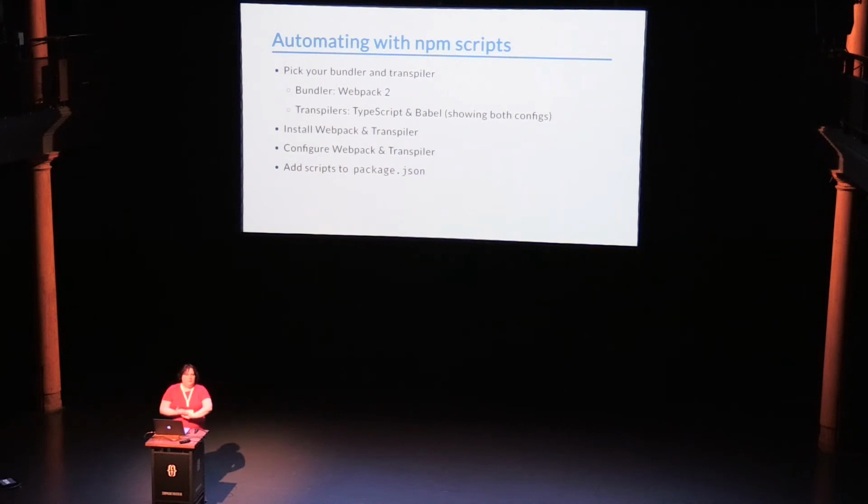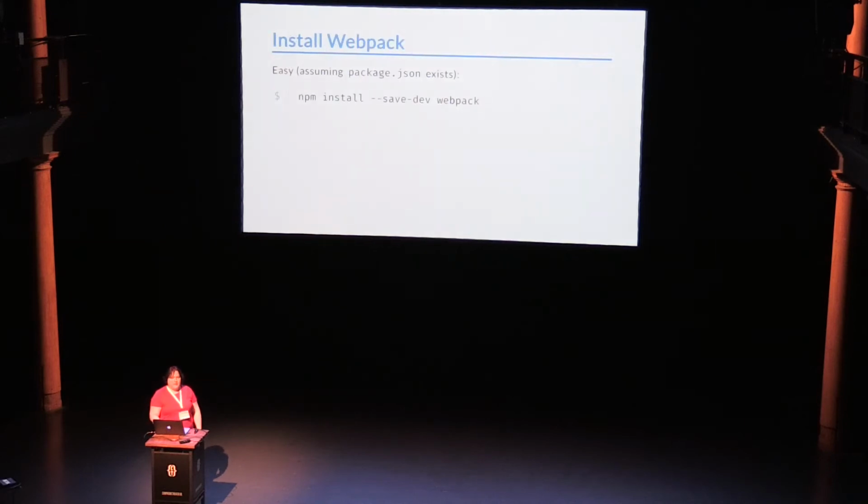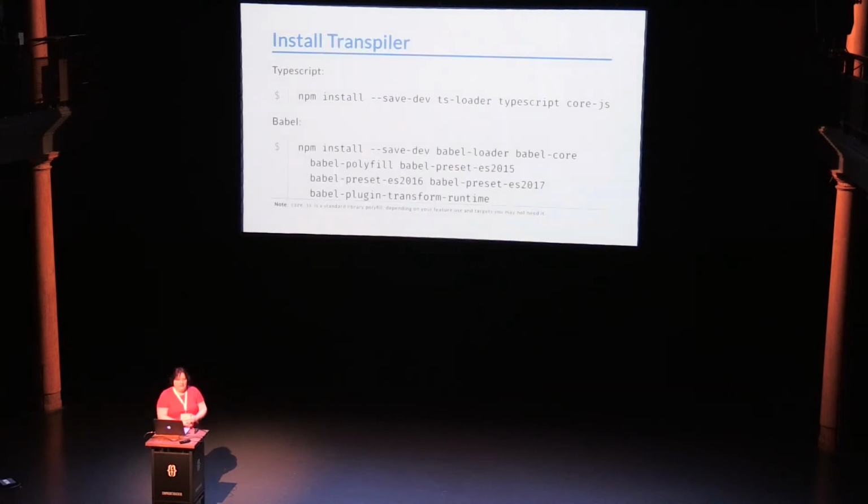So if you're going to use npm scripts, I love gulp and I love the other task runners, but the commands here are simple enough that npm scripts are sufficient to run your bundle step. So I'm going to show you Webpack, TypeScript, and Babel, installing those, configuring those, and putting them into package.json. So installing Webpack is easy, real simple, and installing your Transpiler is only slightly more difficult.